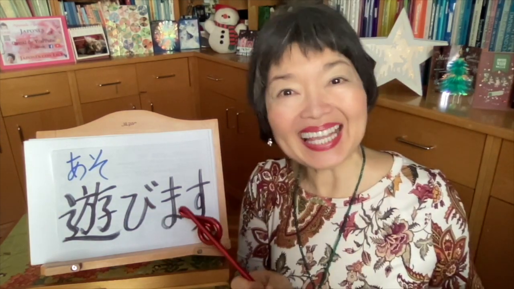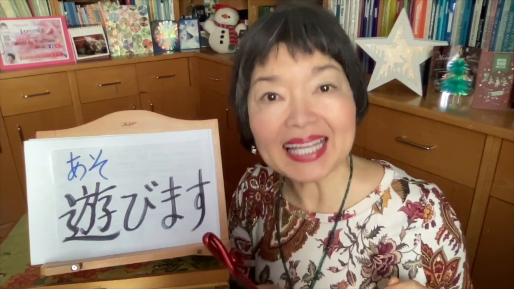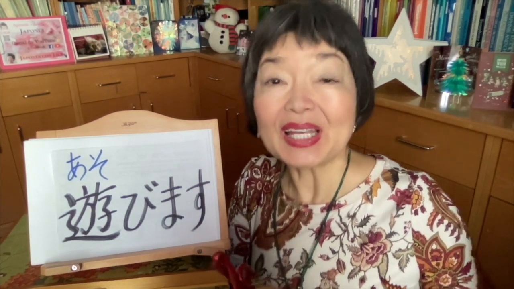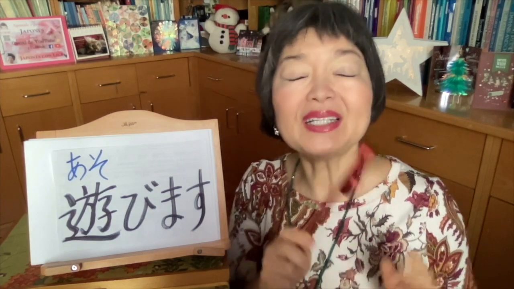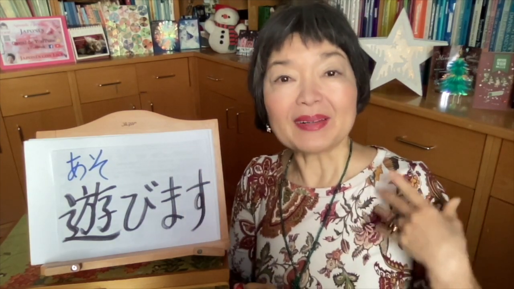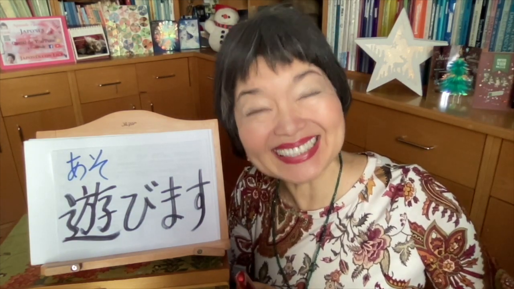So 遊んで. 私と遊んで, it means play with me. And I forgot to tell you, with the te form, you can ask someone something. It's very easy to use.